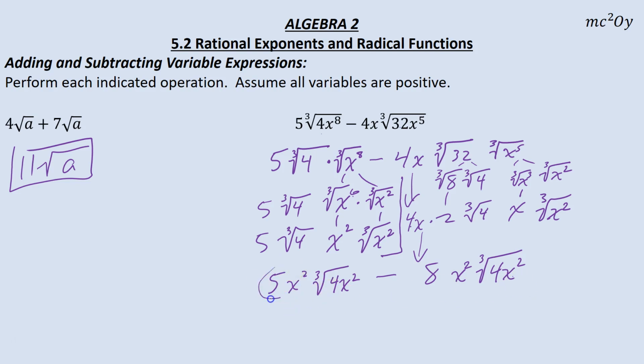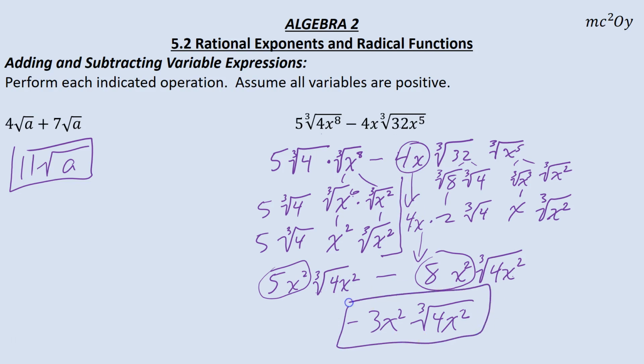So now we have 5x squared minus 8x squared is negative 3x squared. And we're counting the cubed root of 4x squared. So yeah, don't forget to bring down the extra piece down. I should have done that immediately there. There, we've got it. All right, I think that's all I got there. Good luck.